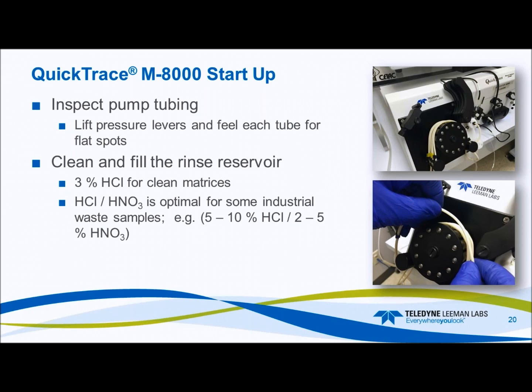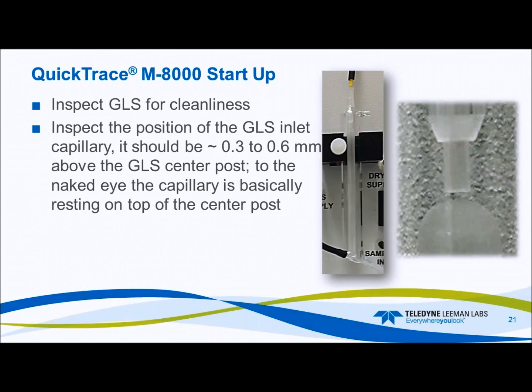And if you're running matrices from industrial waste, let's say you're in that type of industry, or maybe even effluents or something in a wastewater treatment plant that may have some weird stuff going on, it may be beneficial to run HCl and nitric acid in your rinse vessel, maybe a 5 to 10% HCl, 2 to 5% nitric or something, whatever works for you, because sometimes the nitric acid will help keep things oxidized and help keep it a little bit cleaner than just the HCl.